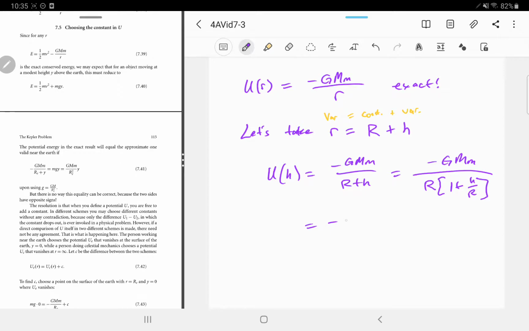And now I'll write it like this. So this is clearly a constant, and then we have 1 plus h over r to the minus 1 power.